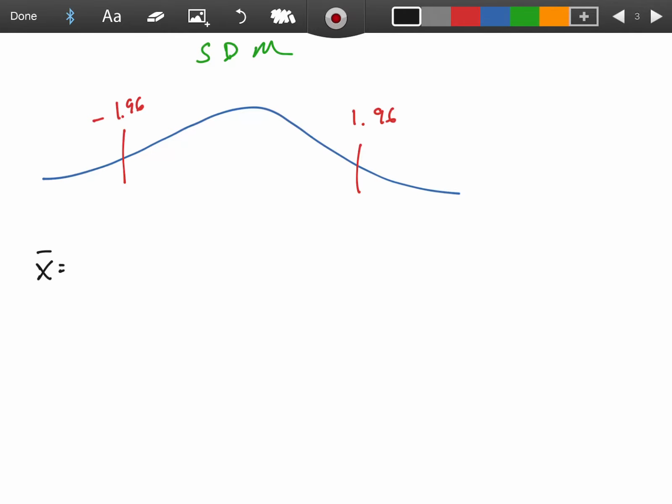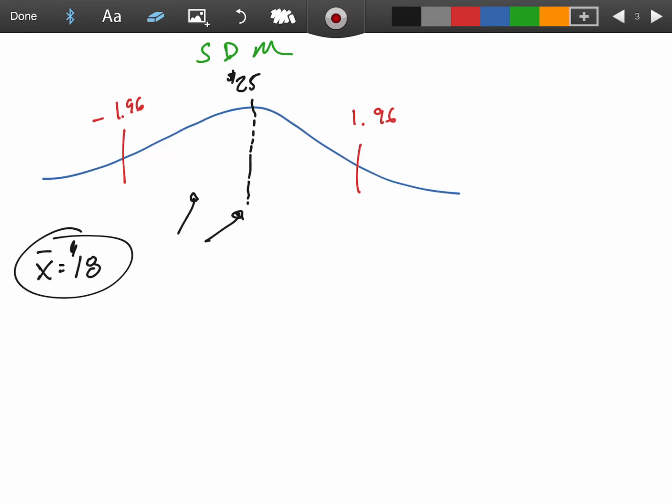The sample that I just took, I got a mean of $18 per week. The mean that I'm testing it against is the mean from the previous year's study. That mean is sitting right here in the middle of this, $25. And I'm testing to see, if the real mean is $25, where does $18 fit? So I know I'm going to be on this side of it.